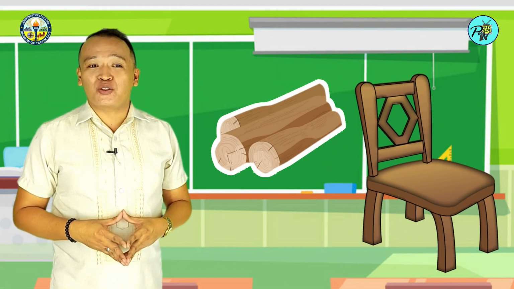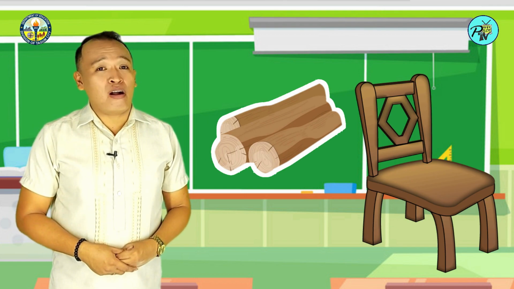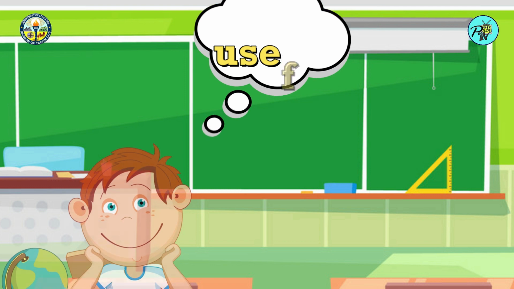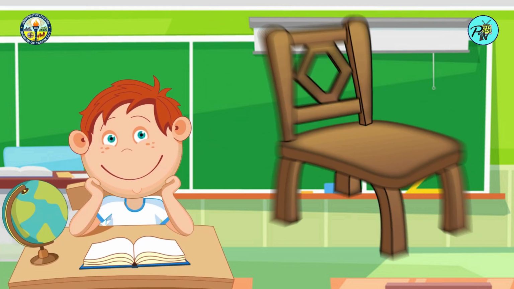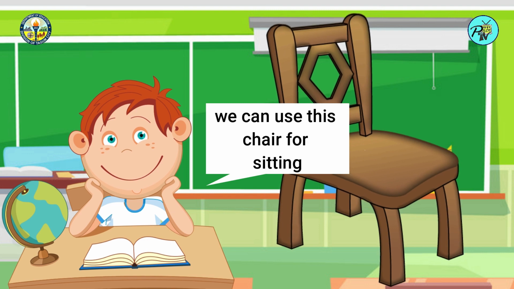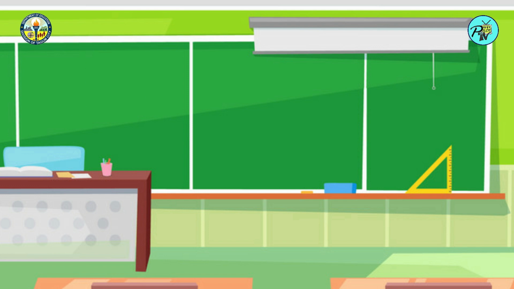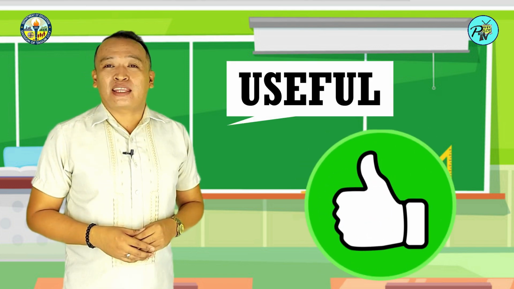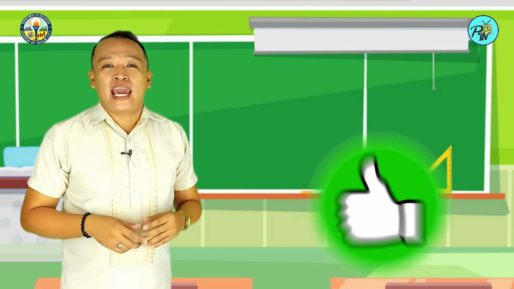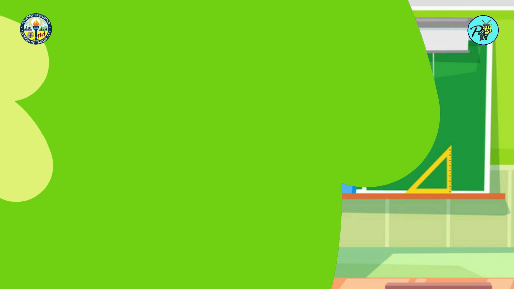I have here a picture of a wood that changes into a chair. Is the change useful or harmful? If your answer is useful, it is useful because it is used for sitting to make us comfortable.